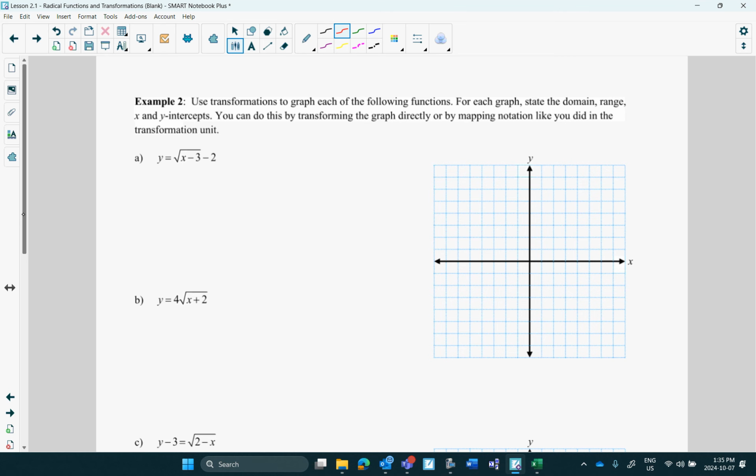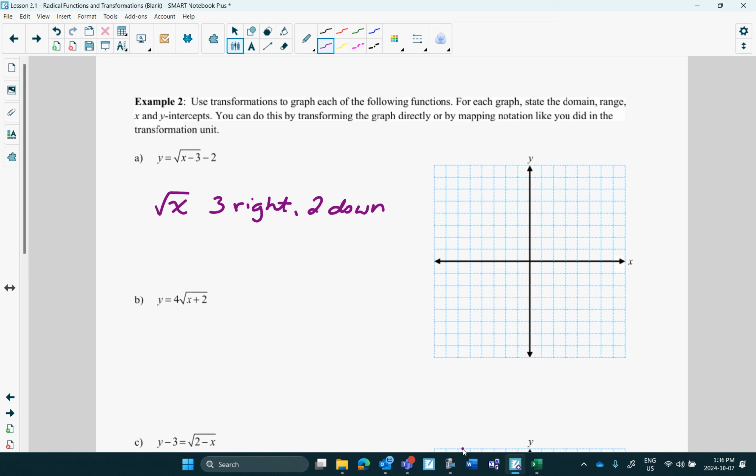Mapping notation. So some of you may find this one okay to do right on the graph. You take the original one and you would do what? 3 right, 2 down. So maybe we can do that one. So it's root x, 3 right, 2 down. So remember your basic points though, right?